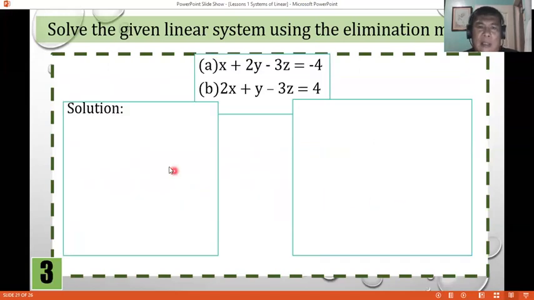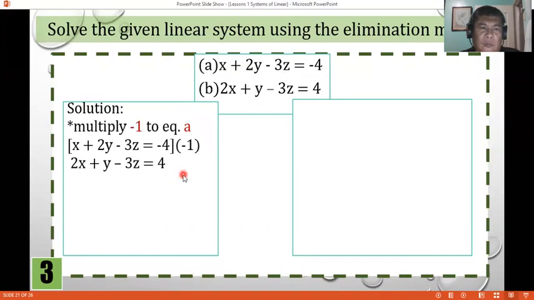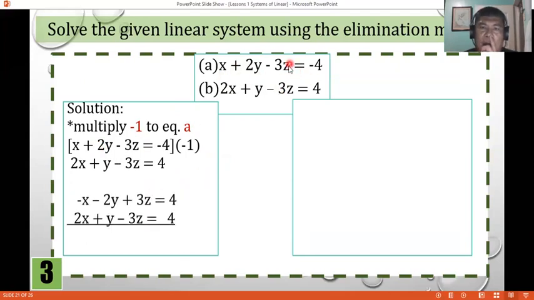Okay. Another. Ito naman. Multiply uli ng 2 yun. O kaya, multiply equation 1 by, multiply negative 1 to equation A. Ito siya. Kasi x, y, z. Ang i-eliminate ko yung z. Okay?